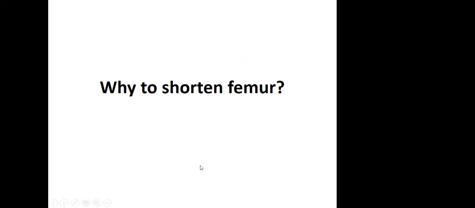Yes. So if we don't shorten the femur, it can lead to the disastrous complication of avascular necrosis. And at this age, the femoral head is supplied by only an end artery. If the lateral retinacular vessels get torn, it can lead to permanent deformation of the femoral head.